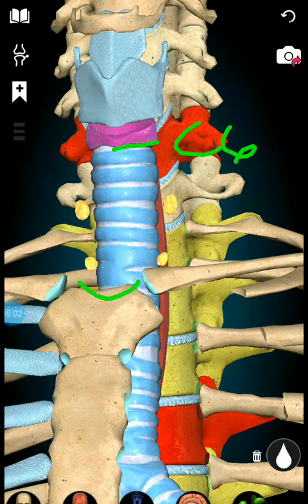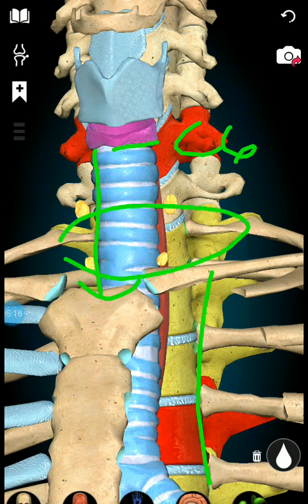This is the suprasternal notch. So the distance from here up to here is about 5 centimeters. It enters the thoracic cavity, this is the thoracic cavity, via the thoracic inlet, through the midline or in the middle.